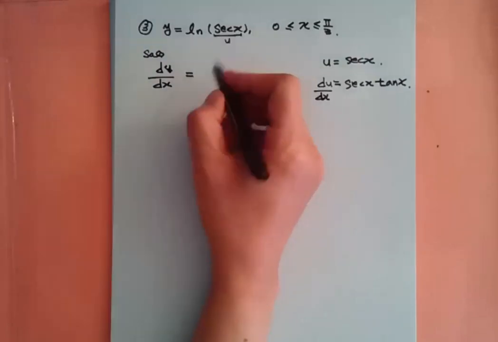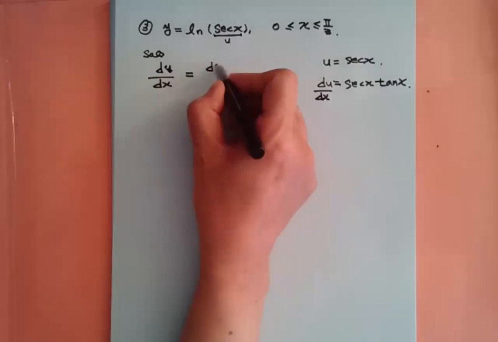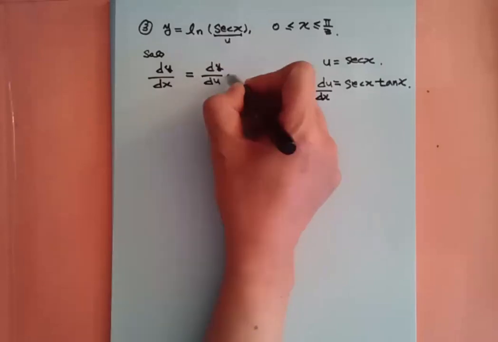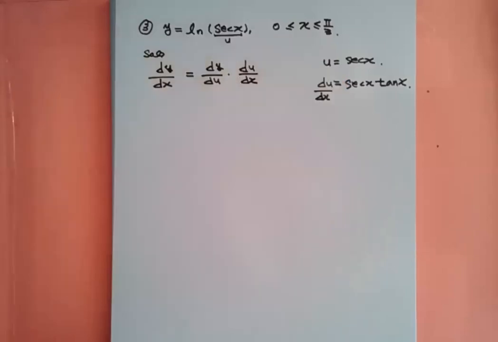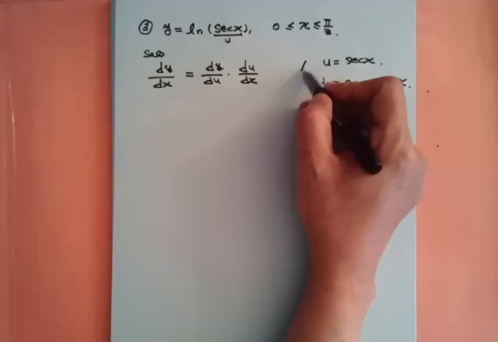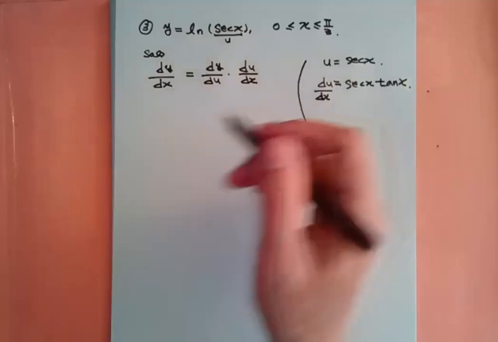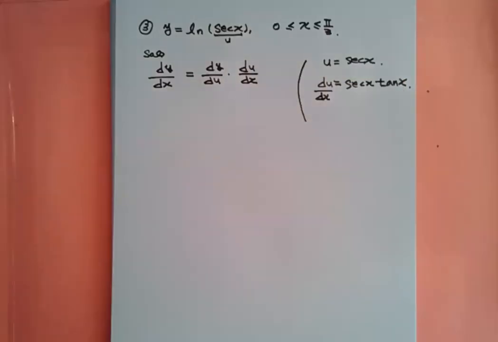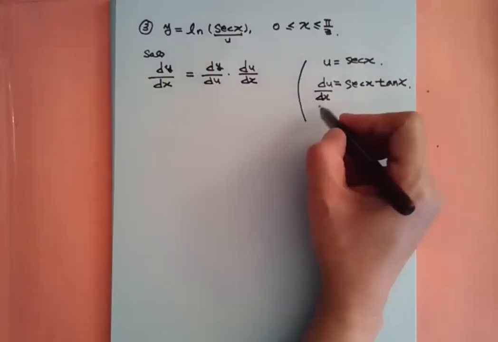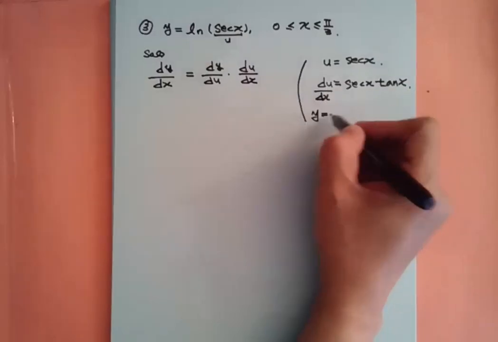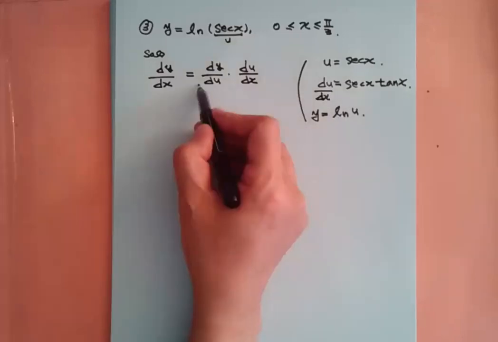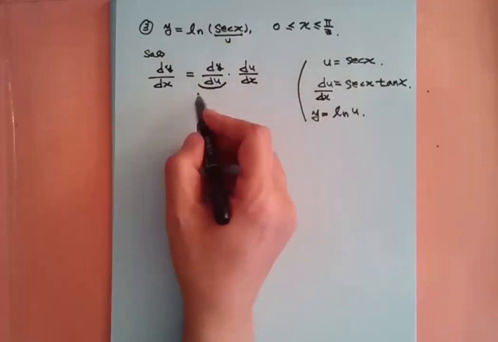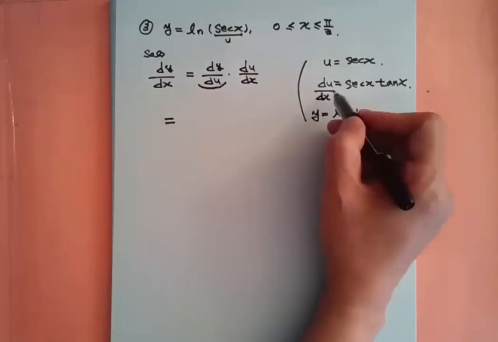So the formula goes like dy over du times du over dx, right? So when we apply the chain rule, we understand y equals natural log of u. So we consider this part first, and then we multiply by this.